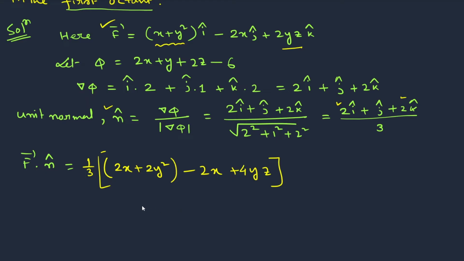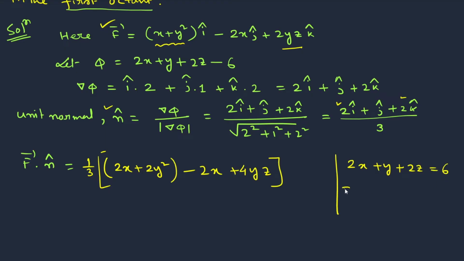Now see, we will take the projection of the surface on the xy plane. On the xy plane z is not there, so we have to replace z. From where will we replace z? The given surface is twice x plus y plus twice z equals 6, right?